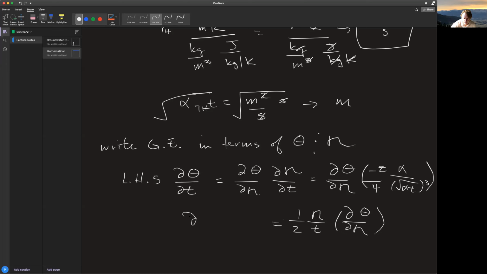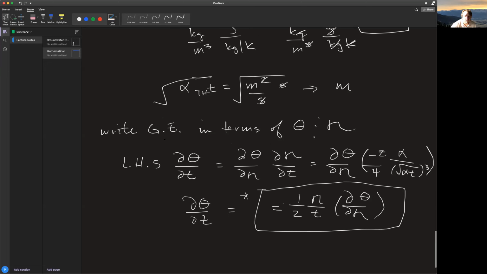So d theta dt can actually be written as 1/2 eta over t d theta d eta. We're going to remember this as star.